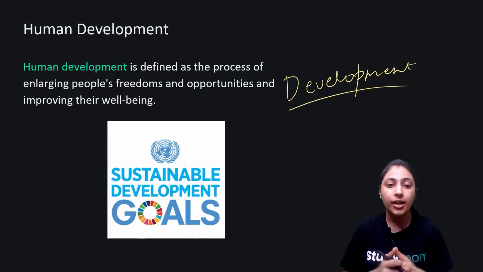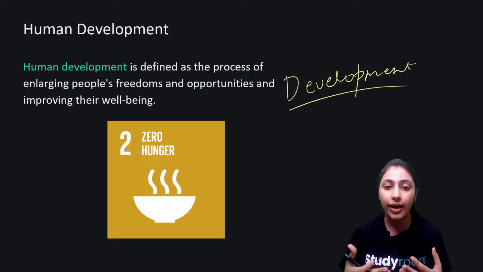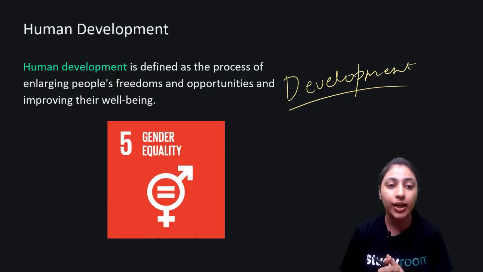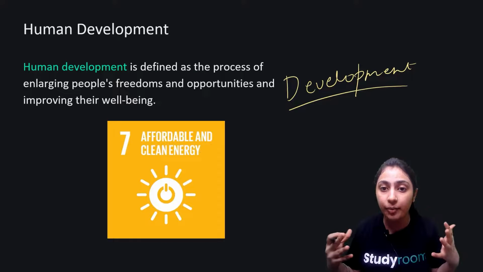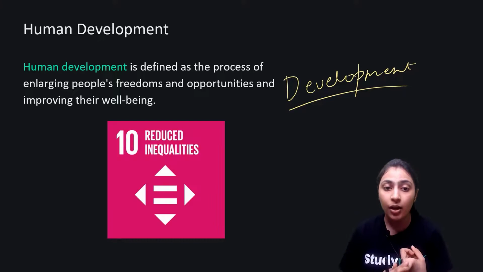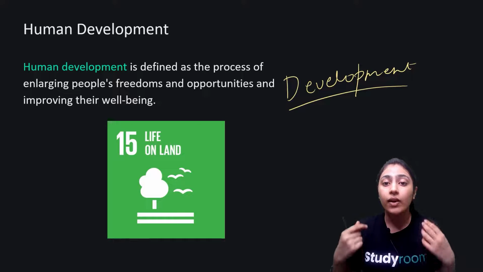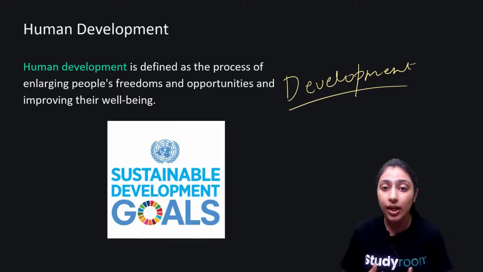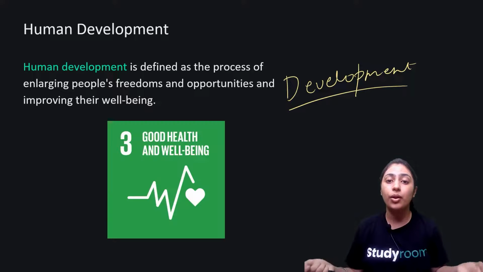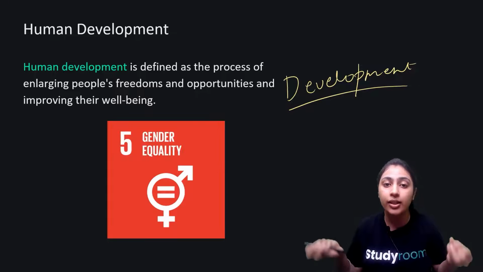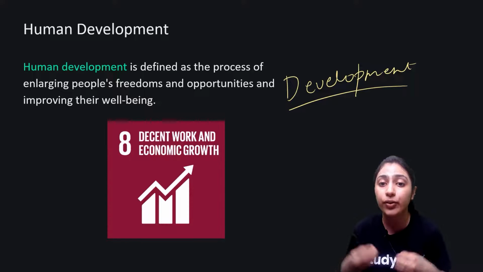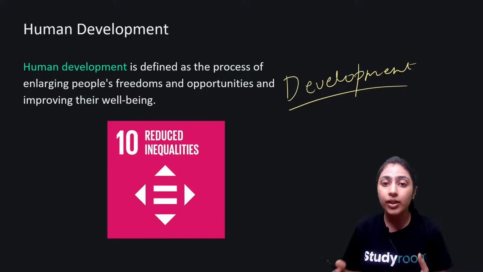So it says that human development is defined as a process of enlarging people's freedom. People should be free. They should have opportunity, their well-being and health should be in a good state, and they should be provided with all the medical facilities they need, within an affordable range.